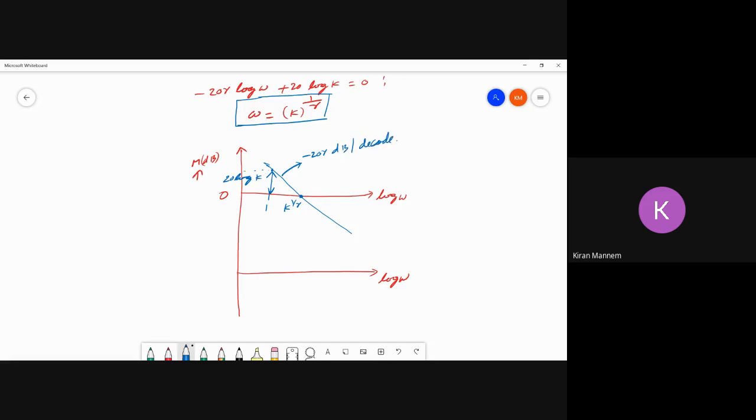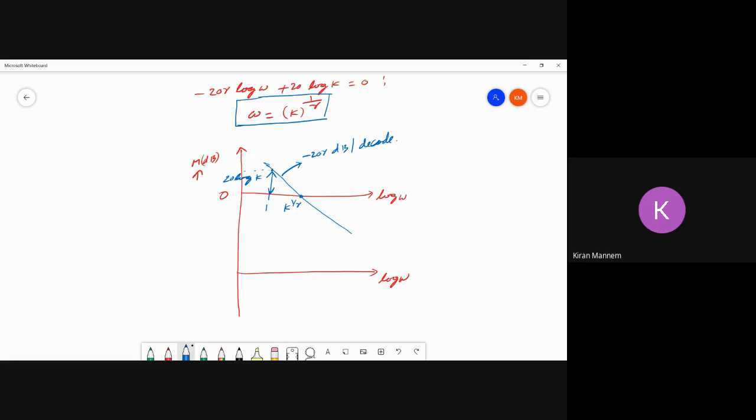So with this we should find out the magnitude value and omega equal to k to the power of 1 by r. We need to find this point and this value, and later you place all your points and you will get the Bode plot.